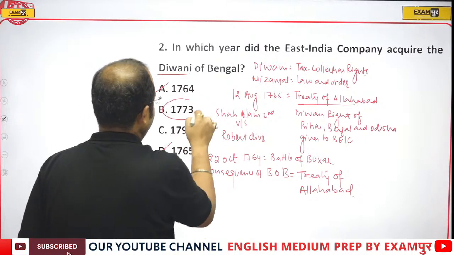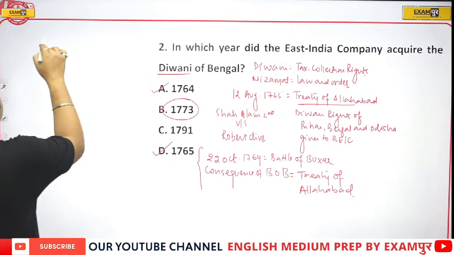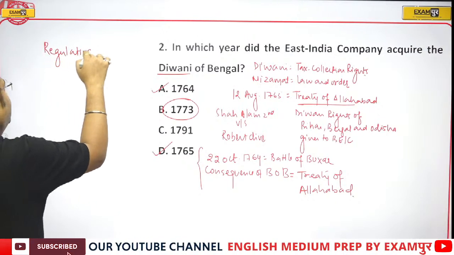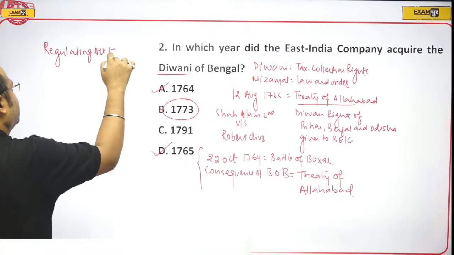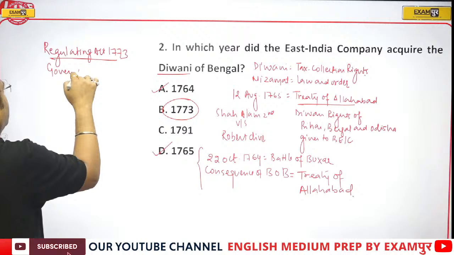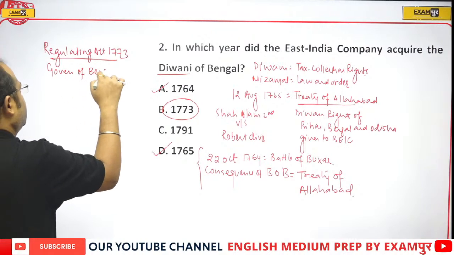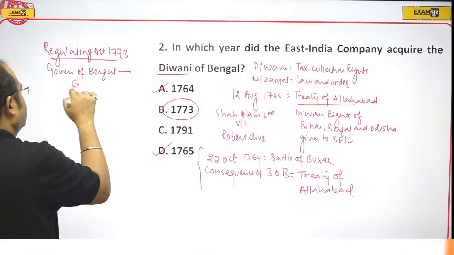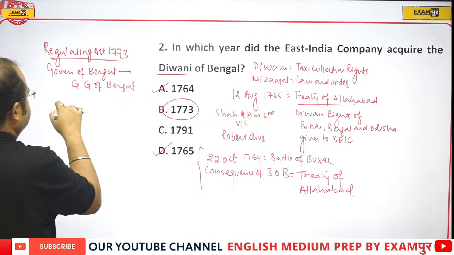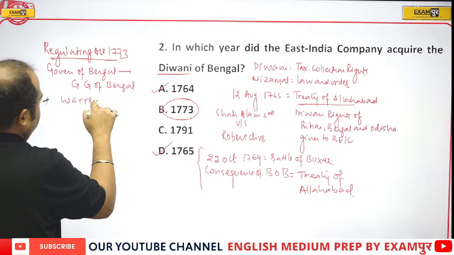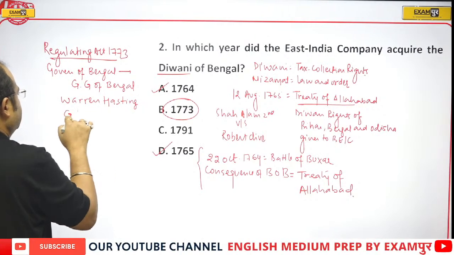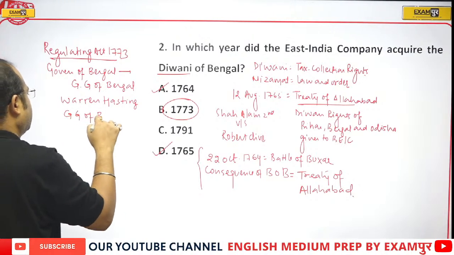In 1773 you will find the Regulating Act of 1773, and through the Regulating Act of 1773 the Governor of Bengal was called Governor General of Bengal. So Warren Hastings became Governor General of Bengal.